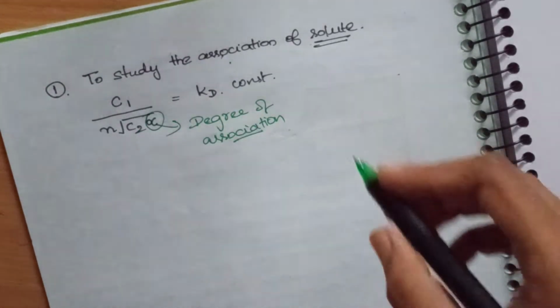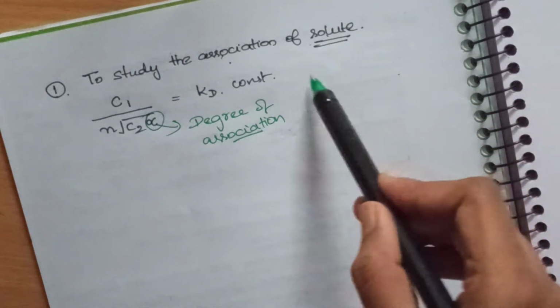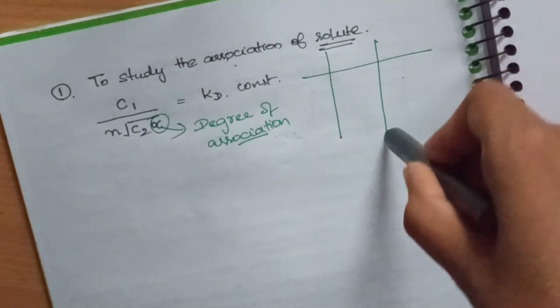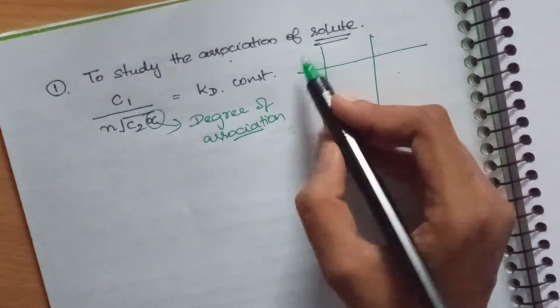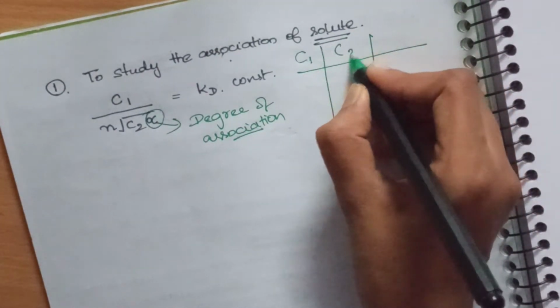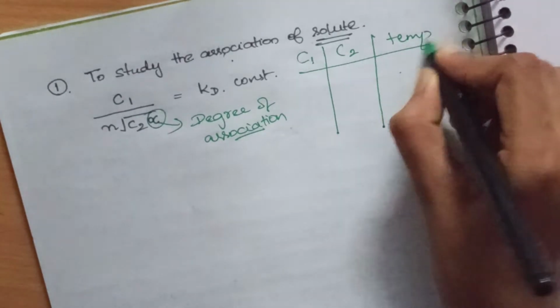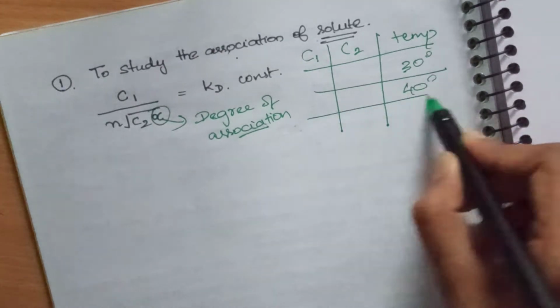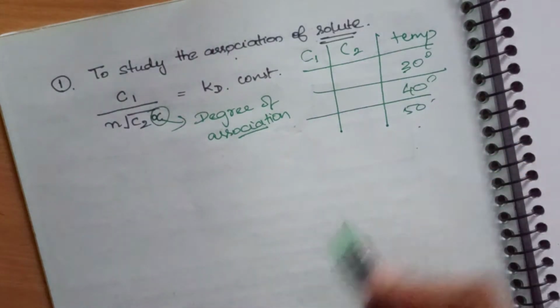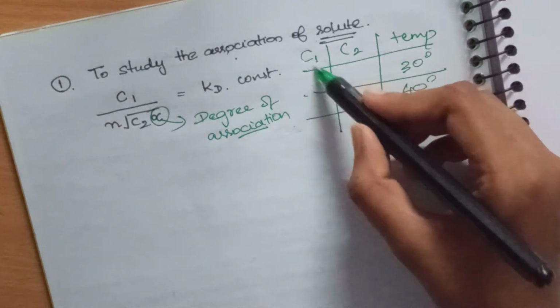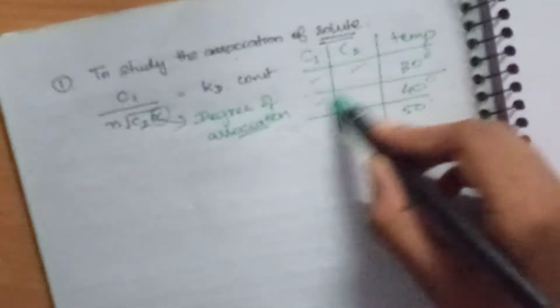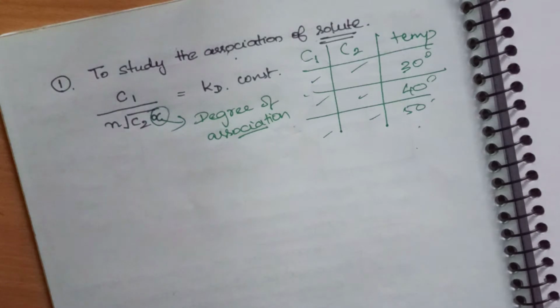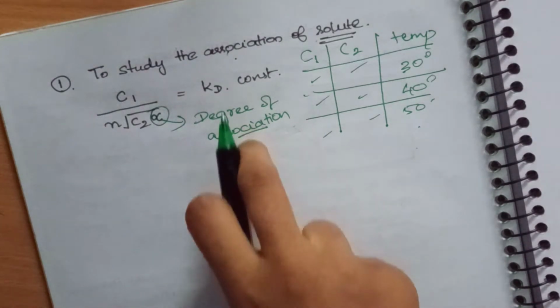Now we are going to do some experimental thing, that is, you're going to form a tabular column. In that, you will set the temperature constant, like 30 degree, 40 degree, 50 degree, like that. You can just set the temperature, and corresponding values of the concentration of solute in phase 1 and phase 2 are noted. Now I want to find how many molecules are involved in association.